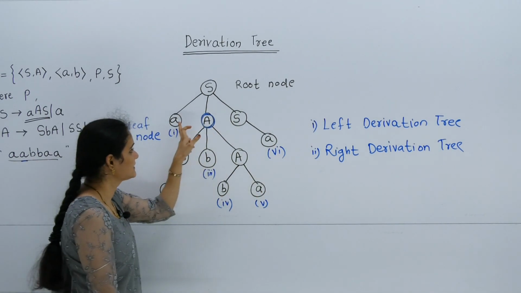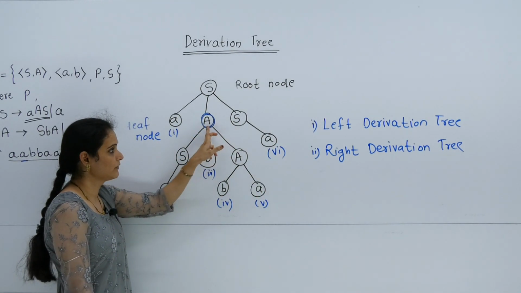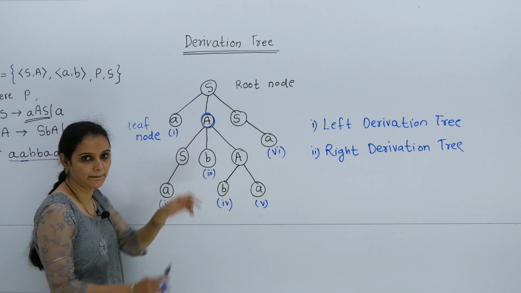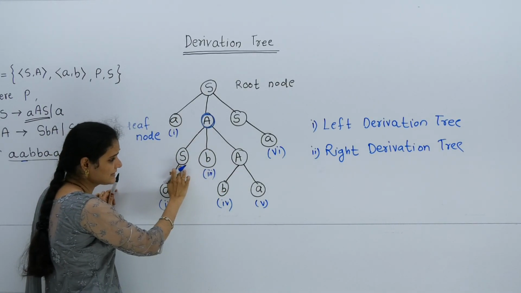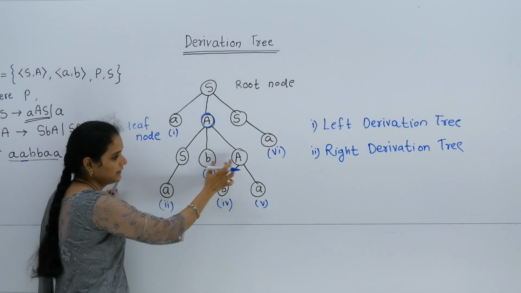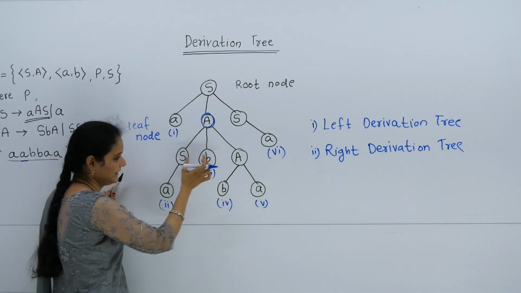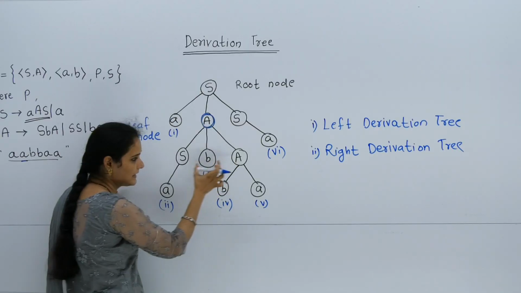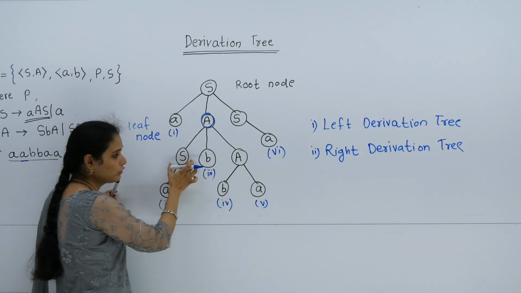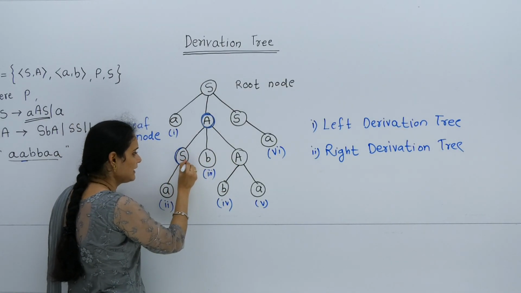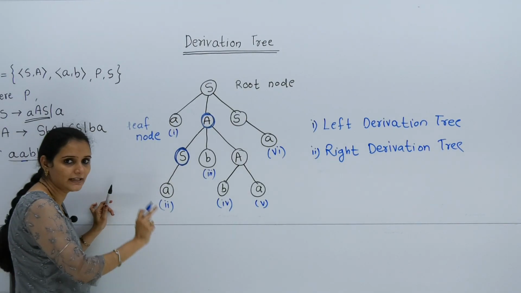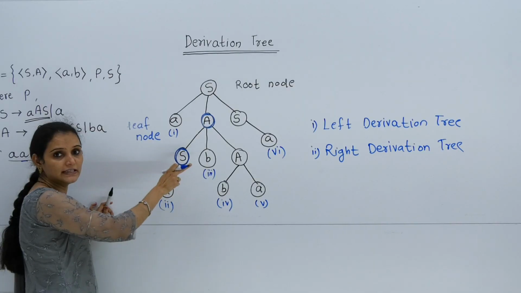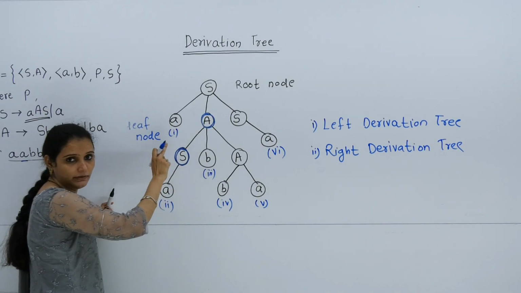So here, suppose we are replacing that capital A by using SBA. Then S is a non-terminal, and capital A is a non-terminal. So S and A, these are the two non-terminals. Out of these two, that S is the leftmost non-terminal. So if you observe, I have always replaced the left non-terminal.